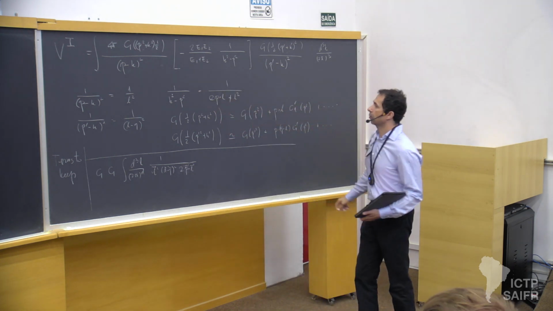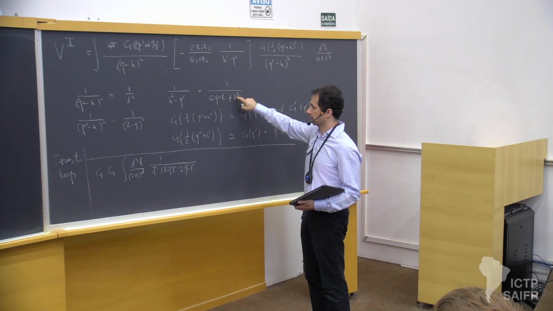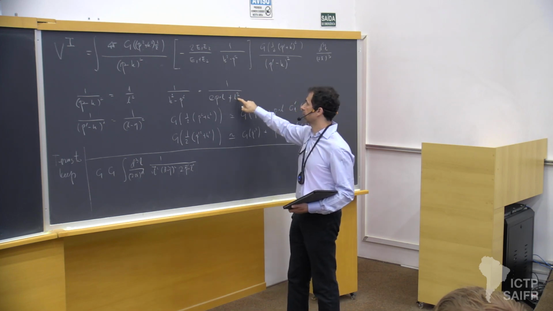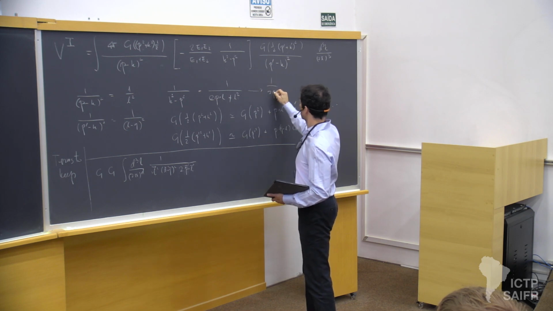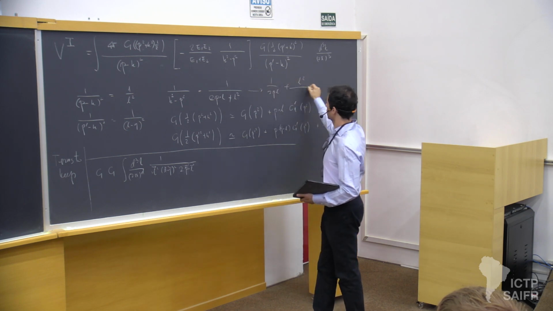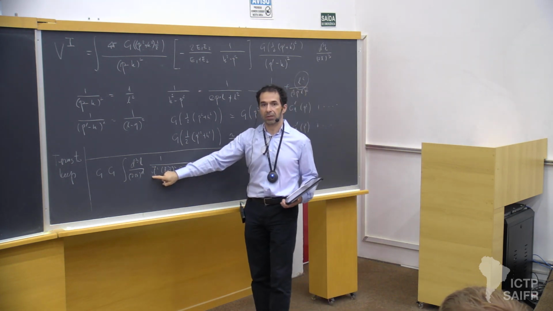Right. In principle, we might need to expand this as well, but guess what happens? So if we expand this, we get p dot L squared. So if we expand this, we get L squares. L squared cancels this L squared.